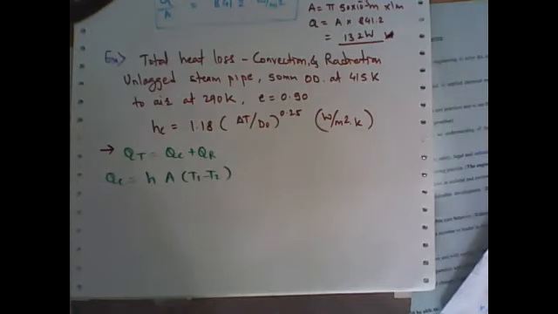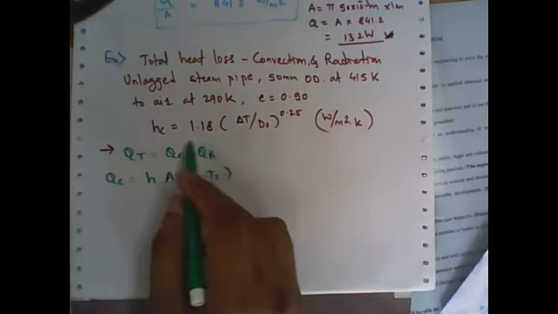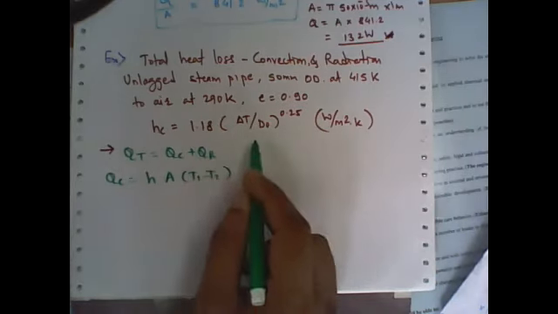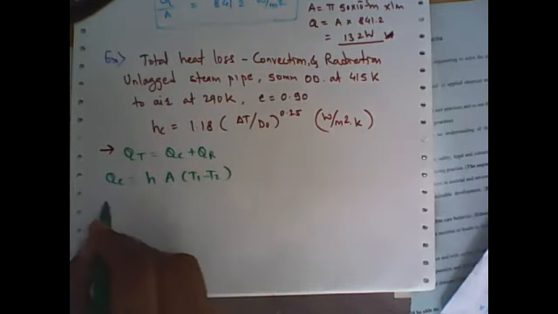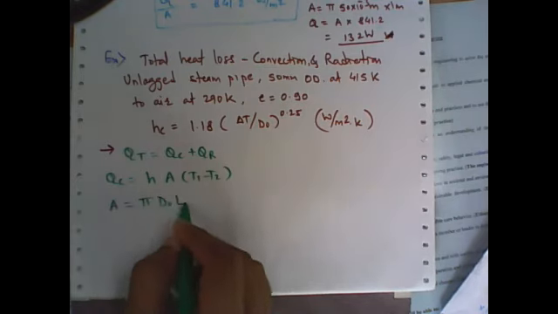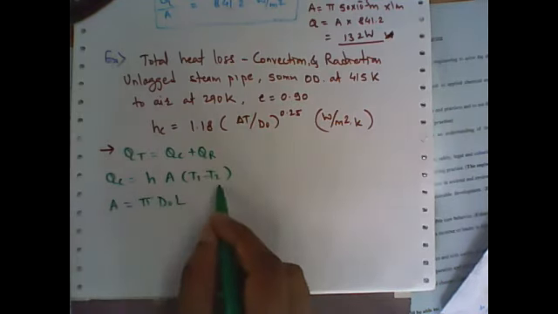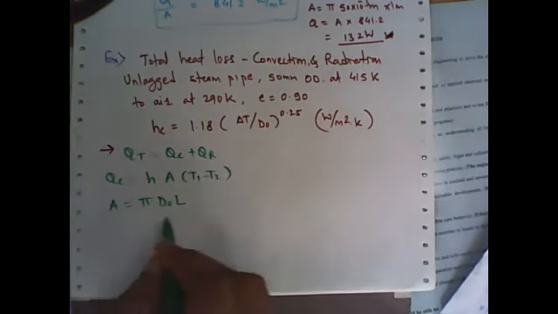We calculate H with the help of this equation, and the area with the formula pi D L. T1 and T2 are given, 415 Kelvin and 290 Kelvin.